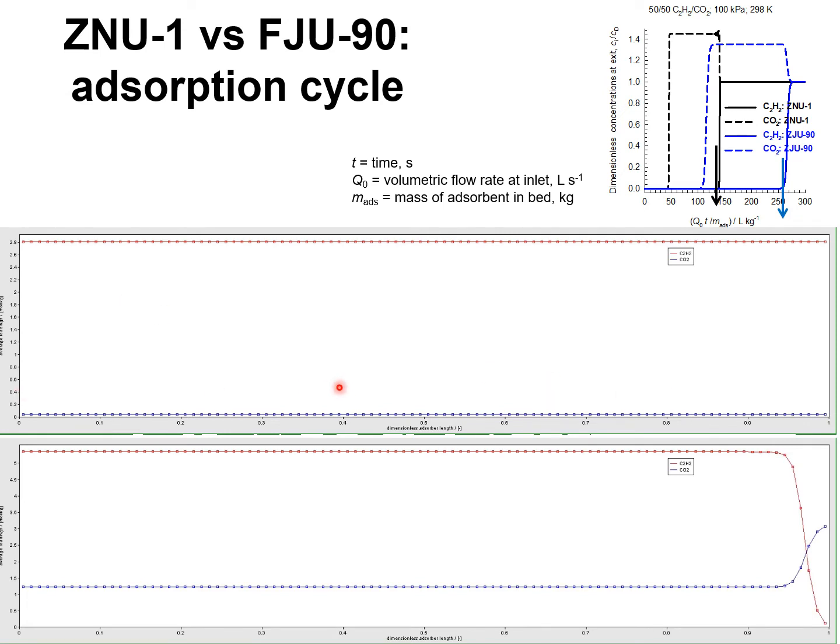So when both components are desorbed, the composition of the desorbed gas phase will be in this proportion for ZnU1.